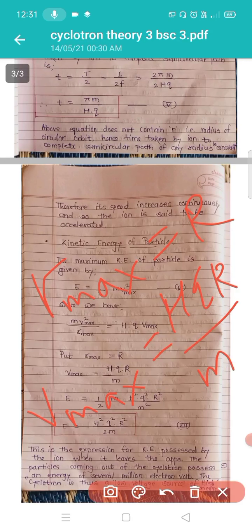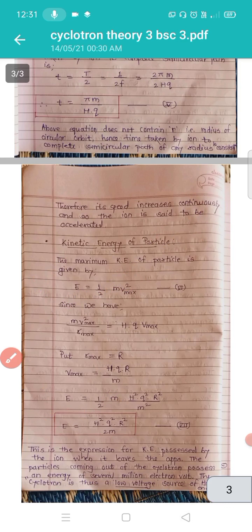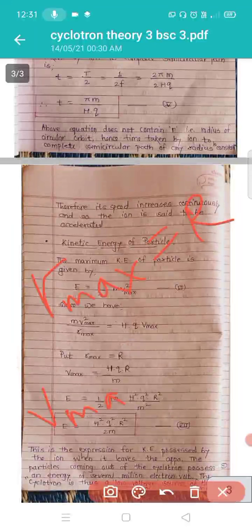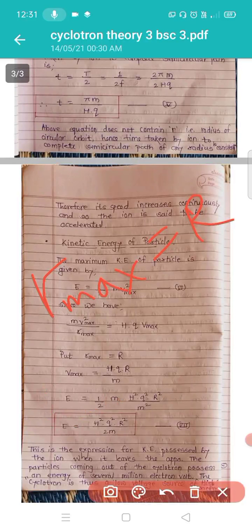Then squaring v max, we get the final equation E is equal to H² q² R² upon 2m. This is the expression for the kinetic energy possessed by the ion when it leaves the apparatus.